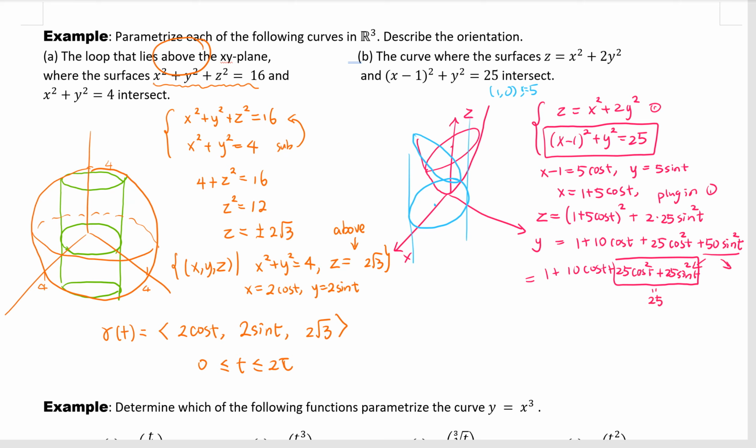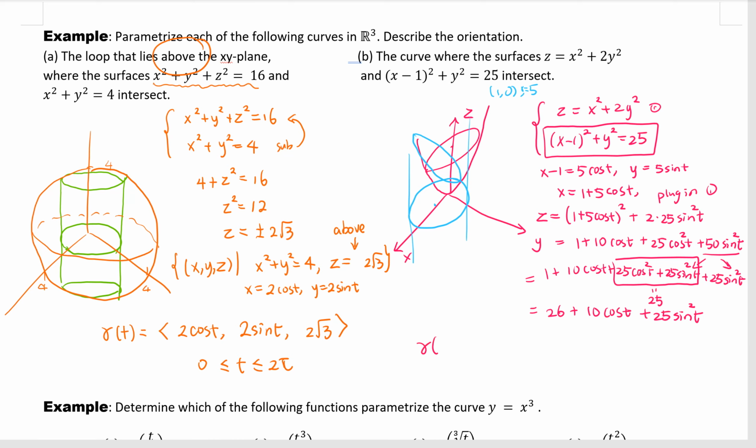This will give us the 25, and I still have another copy of 25 sine squared. Now let's combine the constants. 25 plus 1 is 26, and then we have 10 cosine t, and here we have the 25 sine t squared.